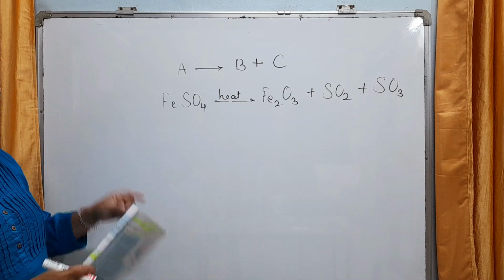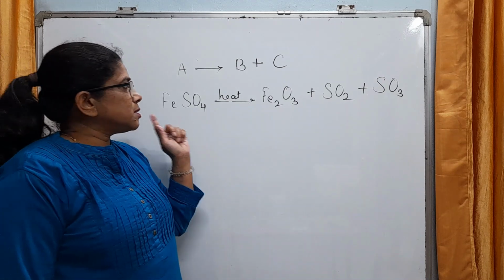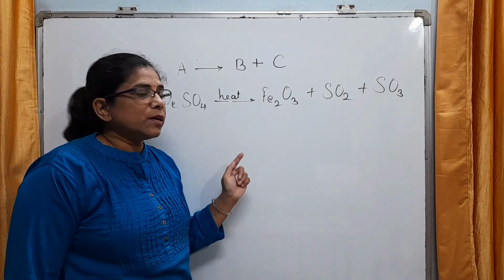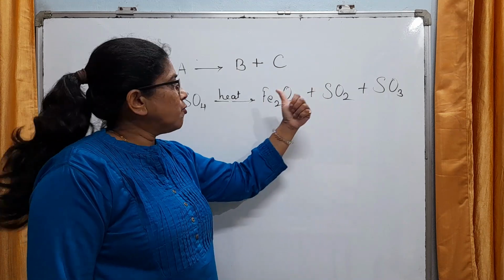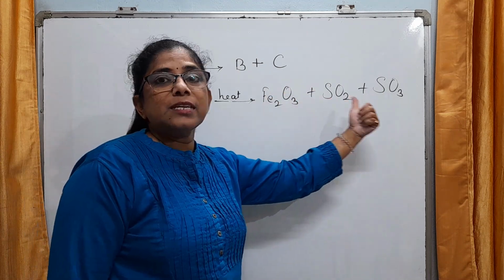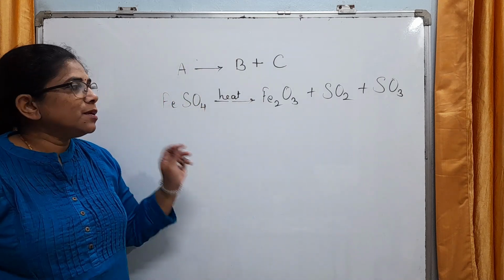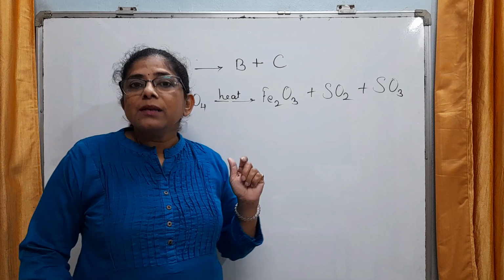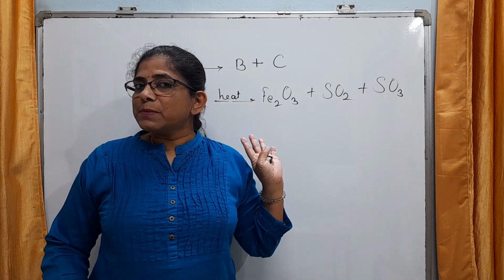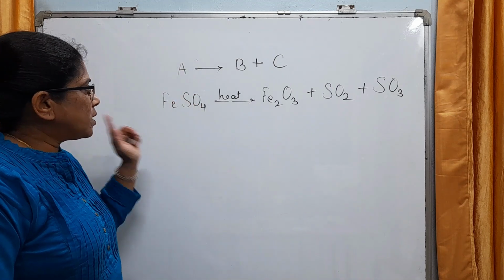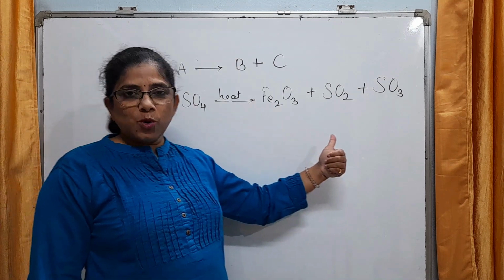See, one single reactant is breaking to form three products: ferric oxide, sulfur dioxide and sulfur trioxide. I repeat again, here I am not balancing the reactions, I am only writing examples for these different types of reactions. So, one single reactant breaks to form two or more products.